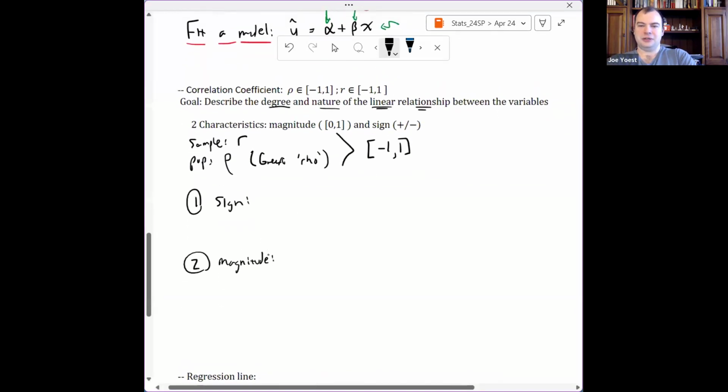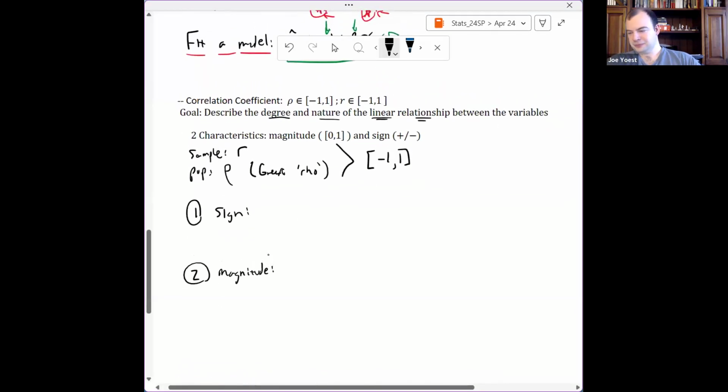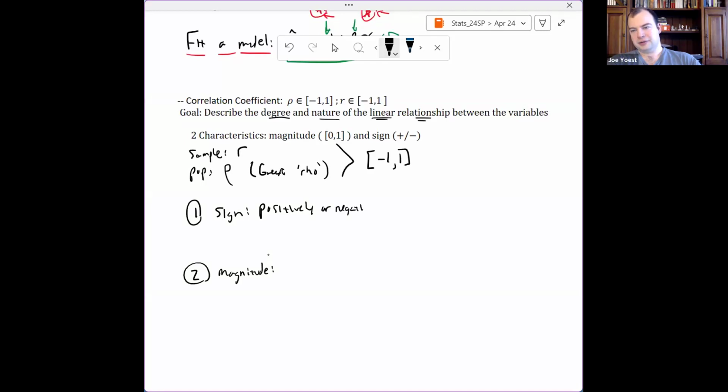So let's look at each of these independently. So the sign indicates whether we're positively or negatively related or associated.